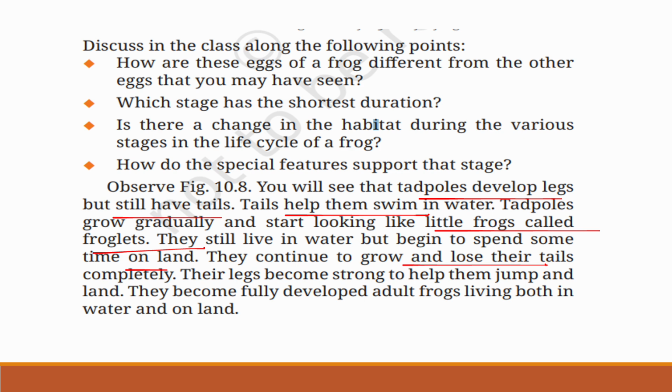Their legs become strong to help them jump and land. They become fully developed adult frogs living both in water and on land. The adult frogs can live both in water and on land.